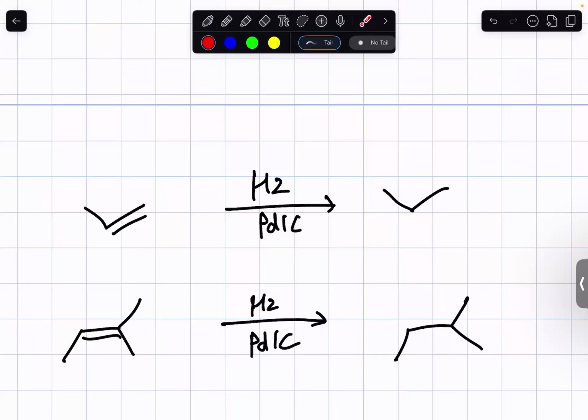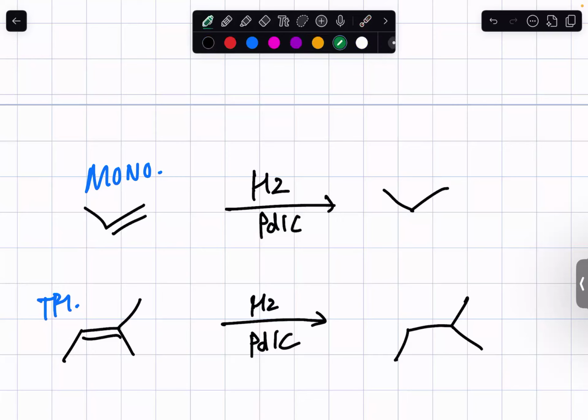I would say A. Yep, A, because A is less stable. It's mono-substituted. B is more stable. It's tri-substituted. And because A is less stable, it will have more energy.